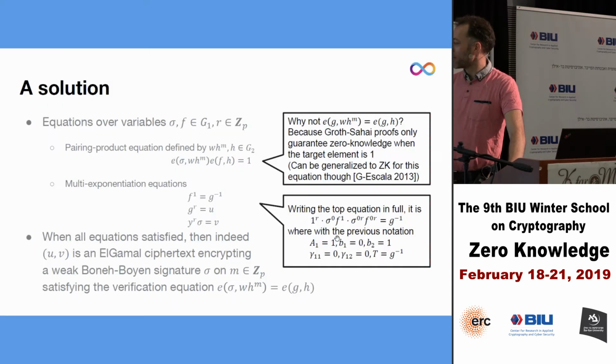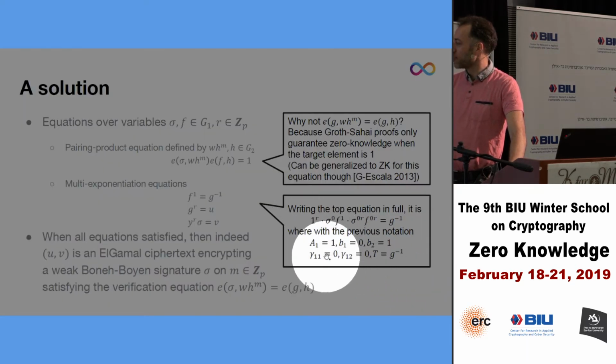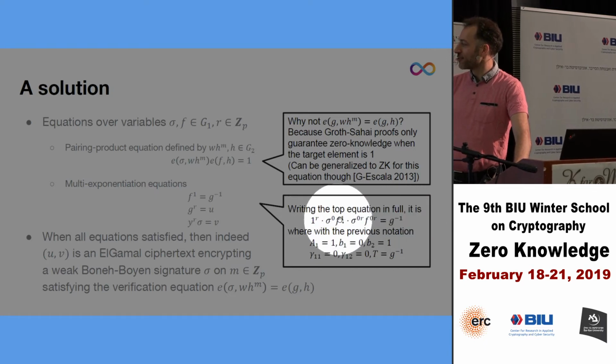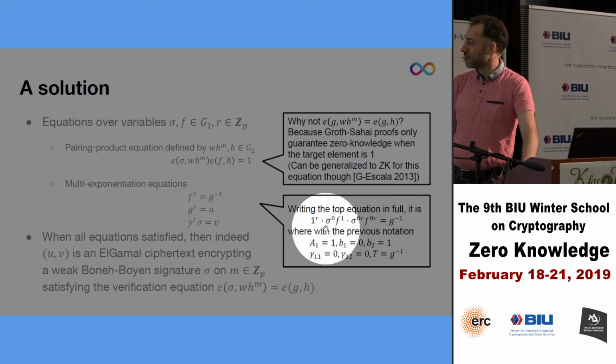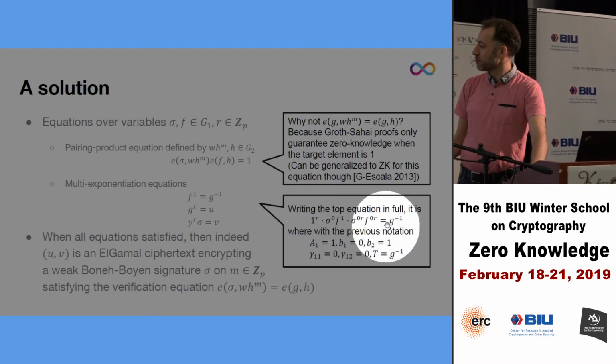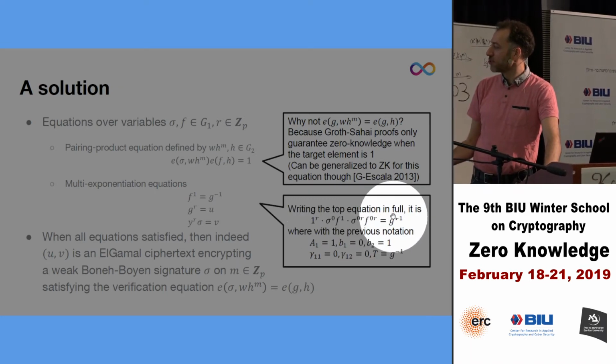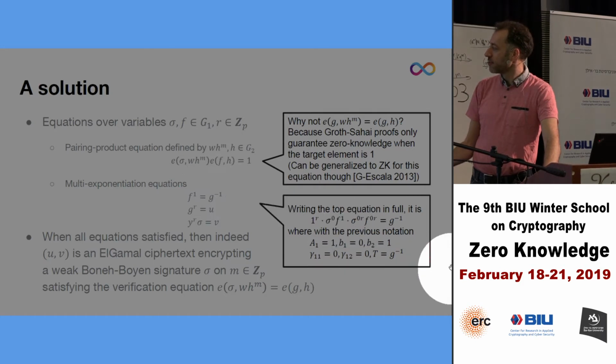So if you want to write all that out, what you get is these kind of elements here, and you could write the equation as something like this. And you will see that this is of the form that corresponds to a multi-exponentiation equation, right? So the target we would be hitting is G inverse. That's here. That's a known element.